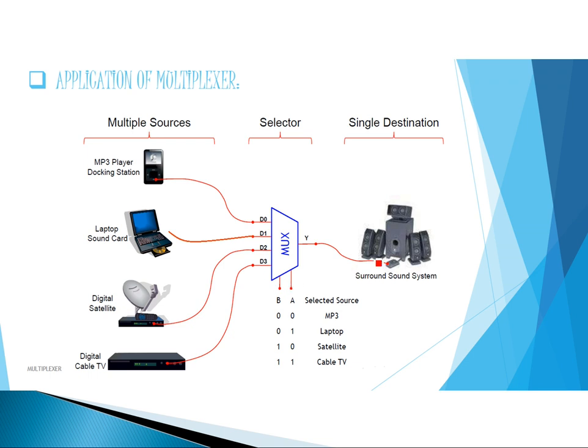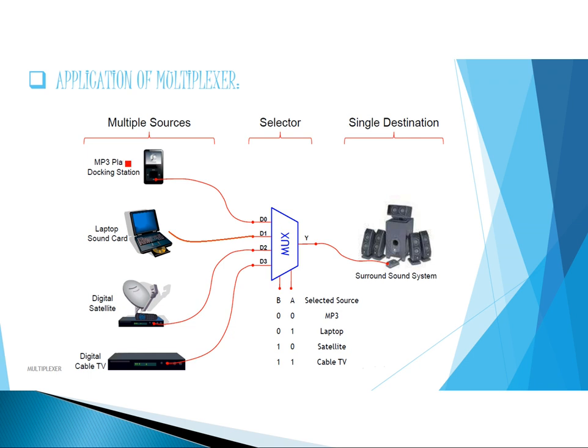Here the destination is single, only one destination, that is the sound system. But for that sound system, I have multiple sources. Here I have 4 different sources. One is an MP3 player docking station, another is a laptop sound card, the third one is digital satellite, and the fourth one is digital cable TV.